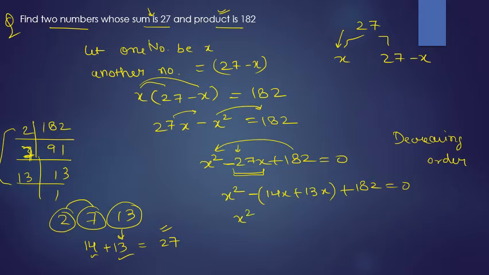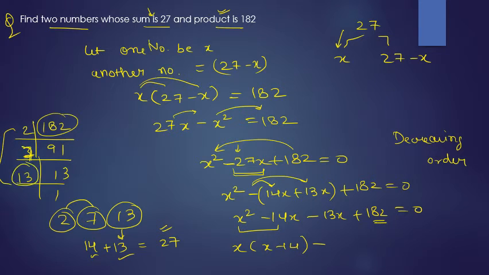Now if you distribute this minus, it will be minus 14x, then minus 13x plus 182 equals 0. Now what's the next step? Take x as common, minus, because 182 is what? 182 is 13 into 14, correct?